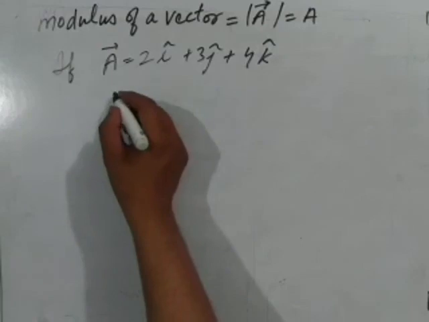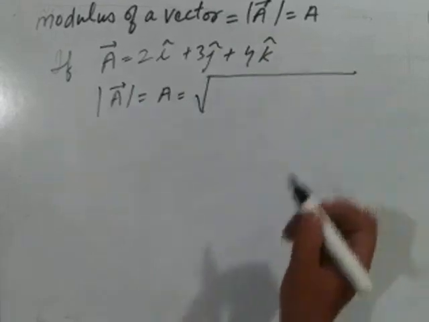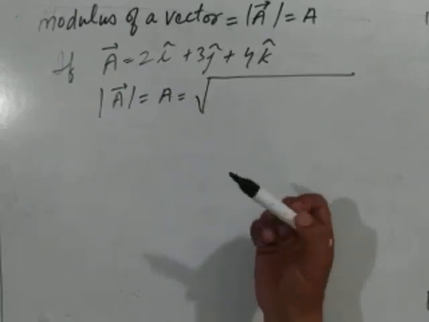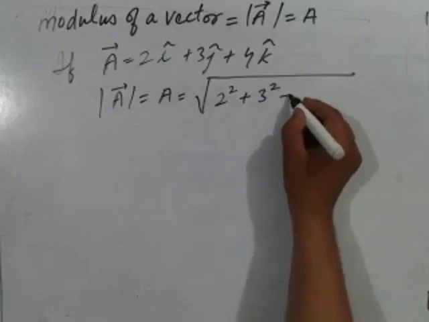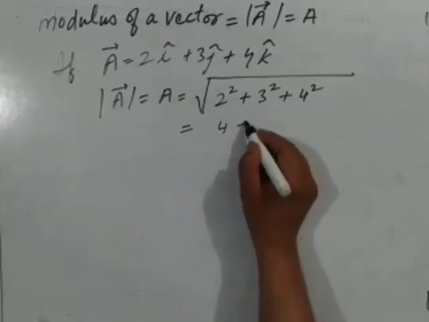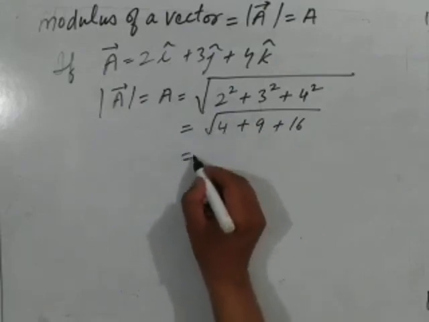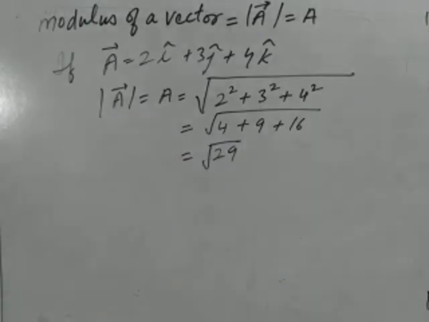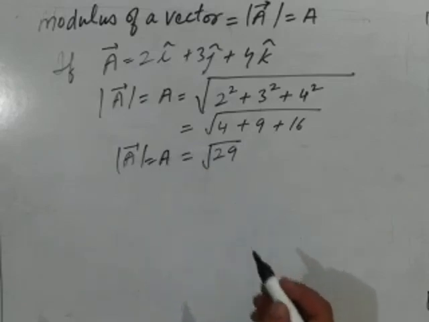Then we will put it as A equal to under the root, we will just square the coordinates and add all of them. So 2 square plus 3 square plus 4 square. So this will become 4 plus 9 plus 16 under the root. So this becomes 29 under the root. So this is the modulus of A, or magnitude of A vector.